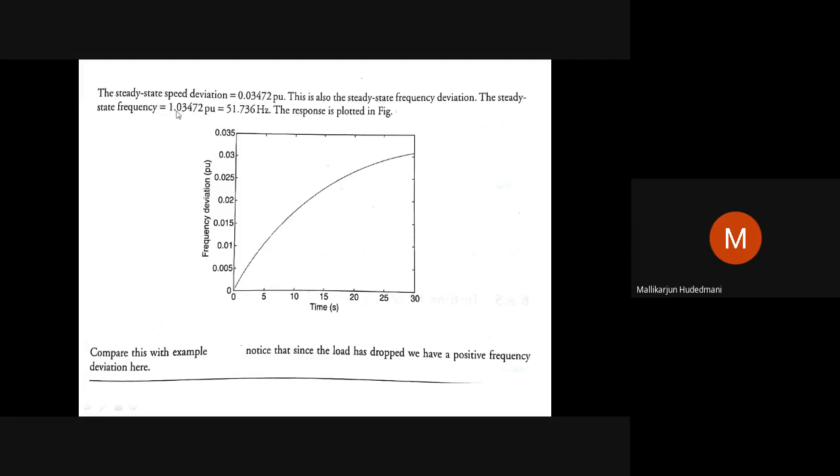If I multiply this frequency pu by 50, what will I get? 51.736 hertz. So this is the final steady state frequency of the combination of 4 generators working for 250 megawatt, with a sudden drop of 10 megawatt. A superior frequency of 51.736 hertz is noticed by the plant.